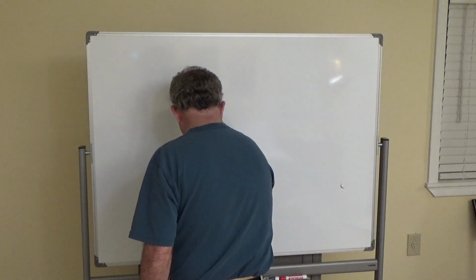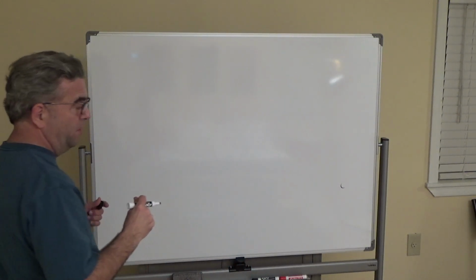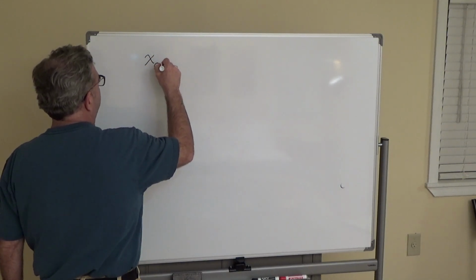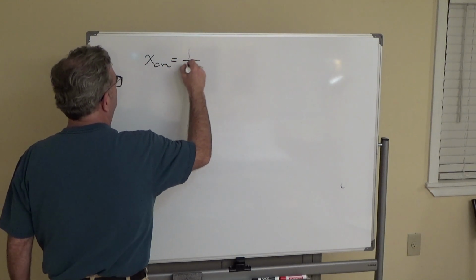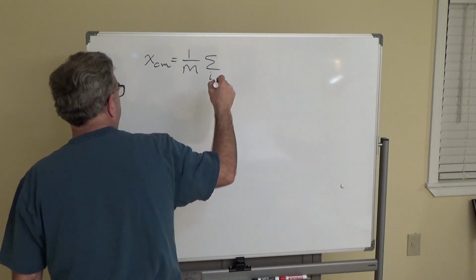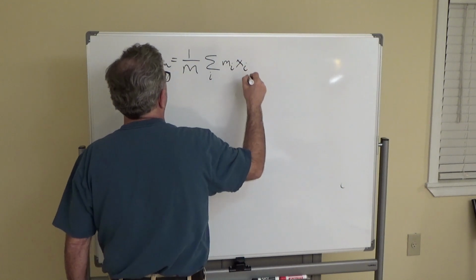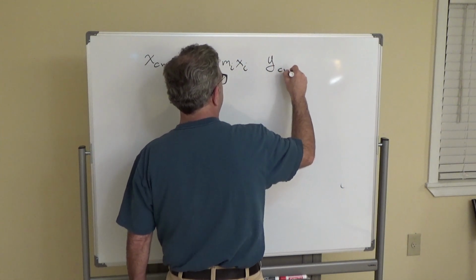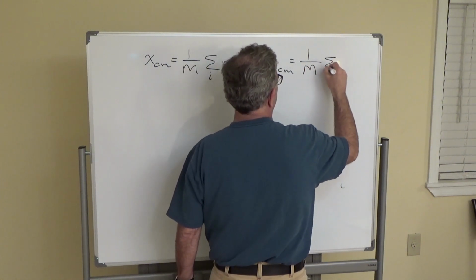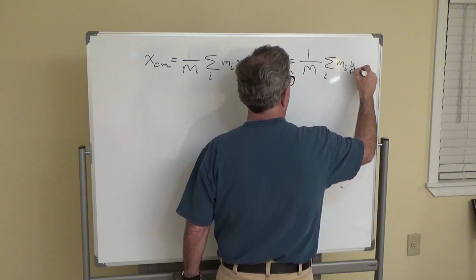Okay. So let me just say in several dimensions, if we have more than one dimension, for X center of mass, that's equal to 1 over M times the sum over i of M sub i, X sub i. Y center of mass, well, it's the same thing. It's 1 over the total mass times the sum over i of M sub i, Y sub i.